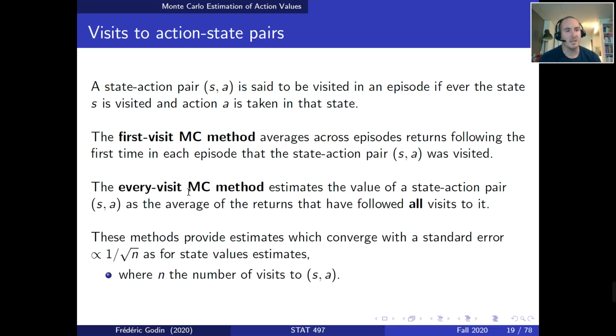So let's say state action pair SA was visited multiple times in an episode, then the various returns in this episode will of course be dependent. But again, we can invoke milder versions of the strong law of large numbers and still obtain convergence. Okay, so mathematical details are omitted, but this is the main idea and main outcome for these algorithms.